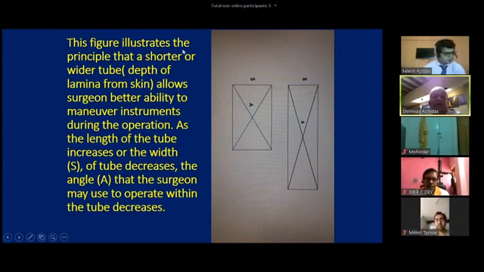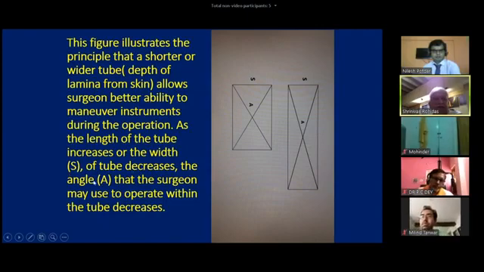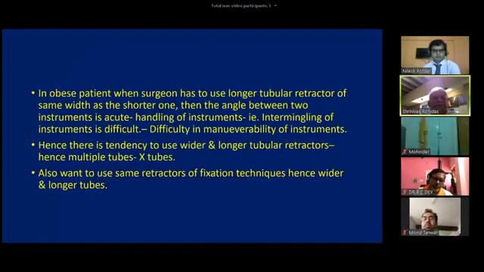So this figure illustrates the principle that the shorter or wider tube allows surgeon better ability to move the instruments. As the length of the tube increases or the width of the tube decreases, the angle becomes acute and it is difficult to maneuver the instruments.